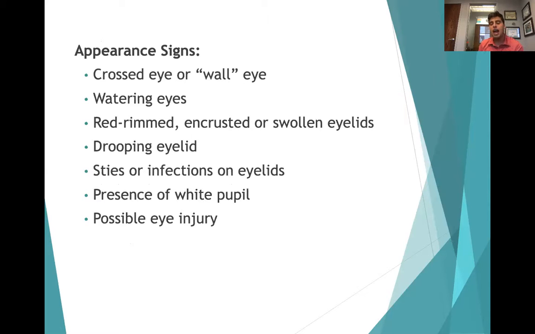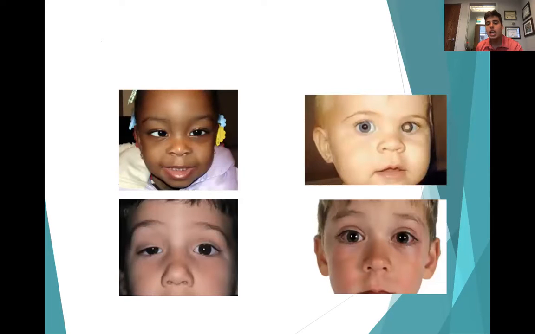So cross eye or owl eye, watering eyes, red rimmed, encrusted or swollen eyelids, drooping eyelid, styes or infections on eyelids, presence of white pupil, and then possible eye injury. Here are some visual examples of appearance signs. So in these cases, these children should go see an eye doctor for an eye examination.